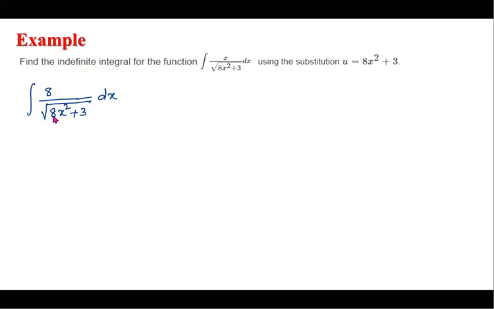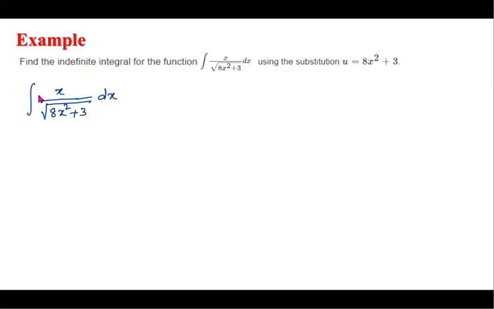It's a square root function with 8x squared plus 3 inside. This type of integral can be evaluated using U substitution, where U is the inside function. The inside function is 8x squared plus 3, that will be U, and the derivative of that will be 16x. Okay, hold on, there is an x there. I wrote an 8.